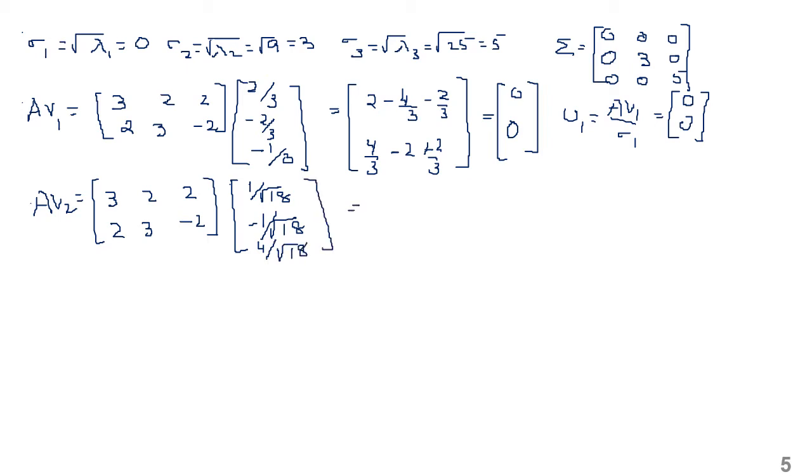When I simplify this further, I get 3 divided by root 18 minus 2 divided by root 18 plus 8 divided by root 18, and 2 divided by root 18 minus 3 divided by root 18 minus 8 divided by root 18.